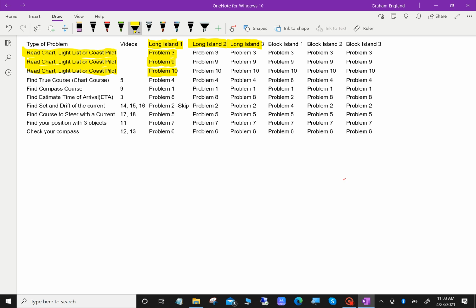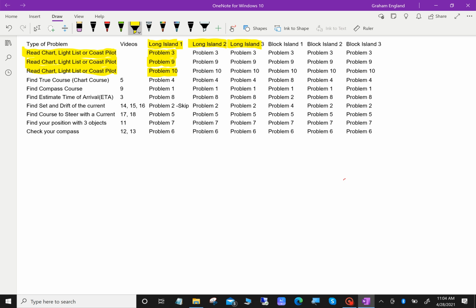They might have questions about a specific light, like what color structure is the light sitting on? You go to the light list, you look it up, and it tells you the light is a white brick lighthouse. That's the answer. They might have a question about the coastal pilot, something like, what is the maximum speed in a harbor or in a river?